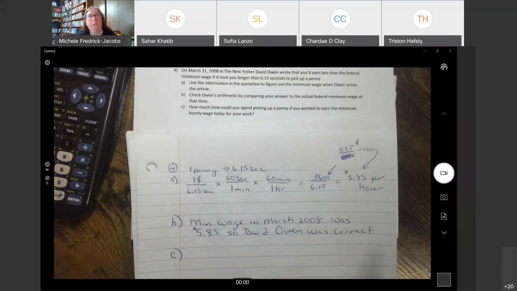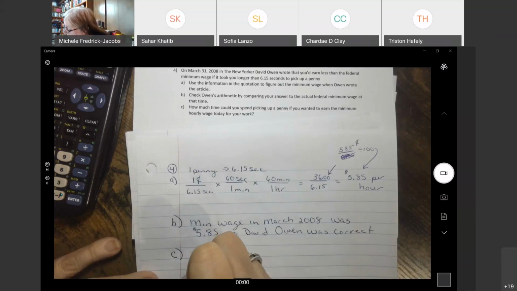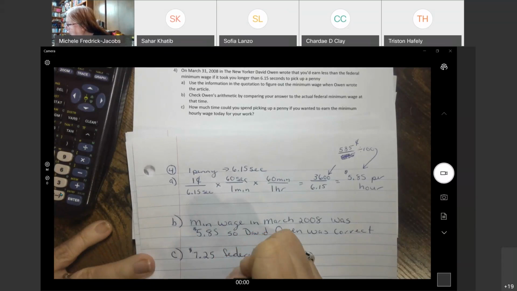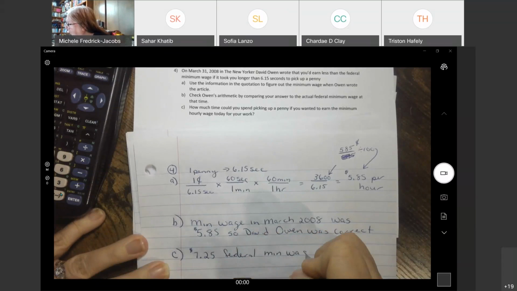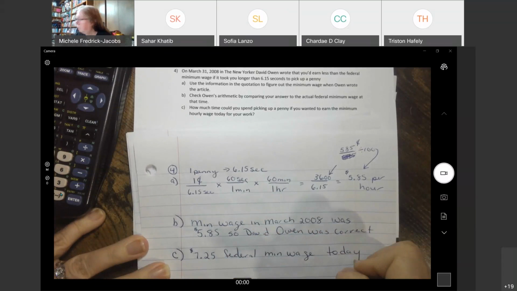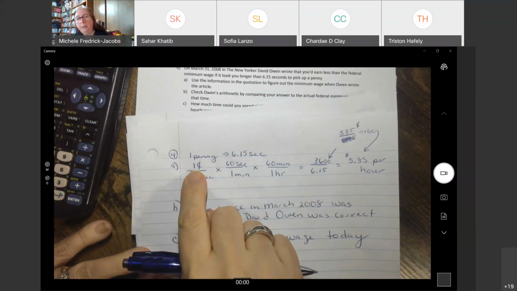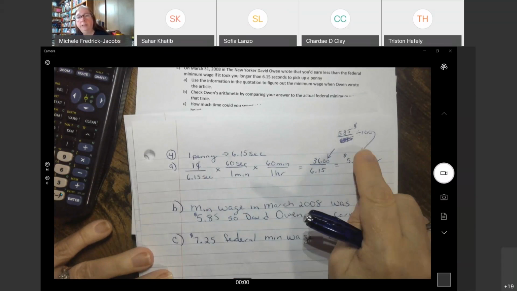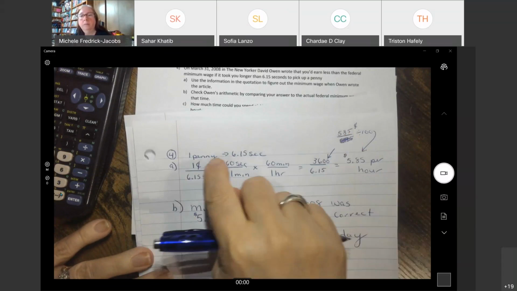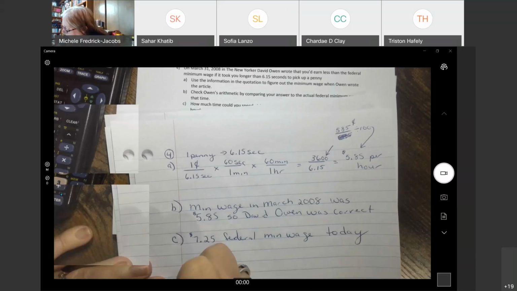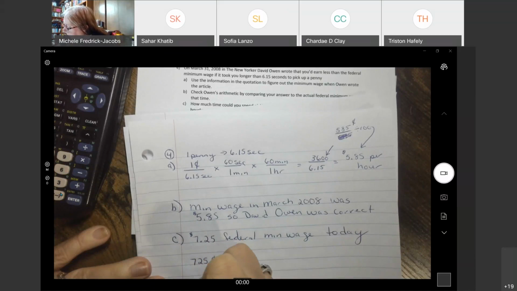We said the federal minimum wage was 7.25. And then we wanted pennies, so I'm going to change this to pennies first. We're kind of working backwards, going from this to pennies. So 725 cents in 1 hour.